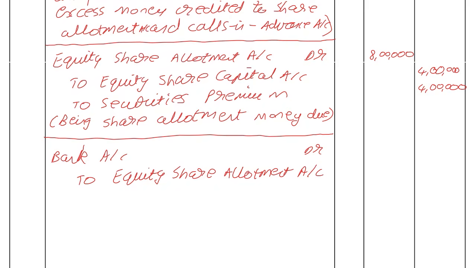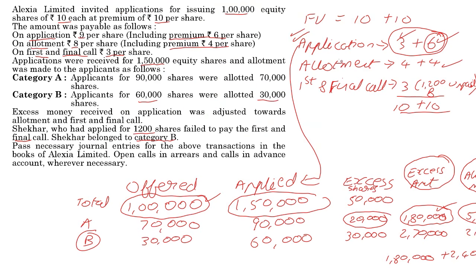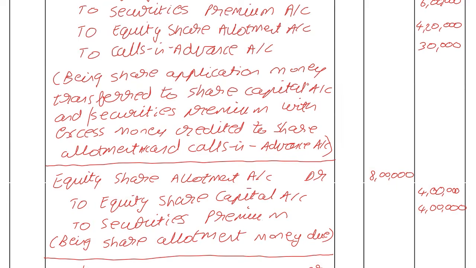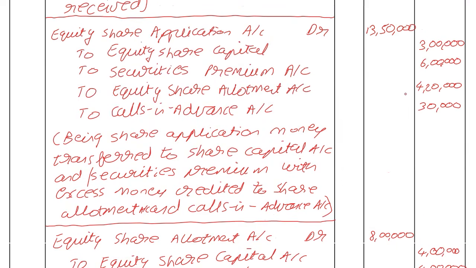We will go back here. How much should we, under normal circumstances, receive? It would have been the same 8 into 1. But some people have paid before. And we know how much they paid because we have credited. Okay, let me go upstairs. We have credited the allotment account by 4,20,000.